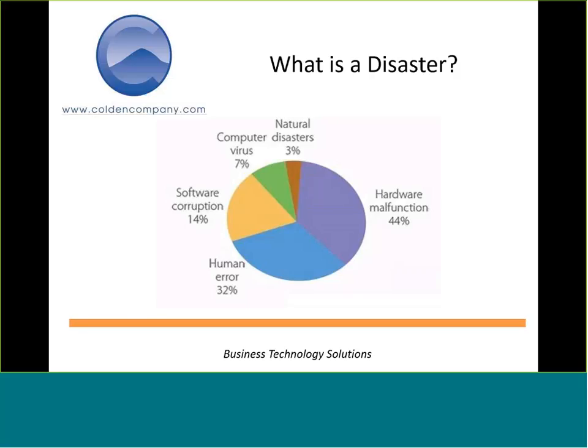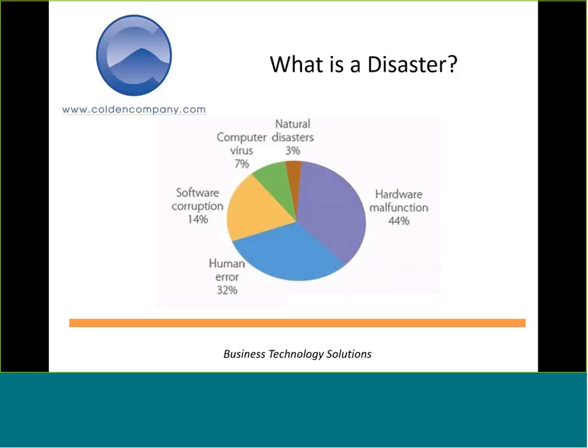And for those of you that were on our ransomware webinar last month, you will know that we talked about computer viruses, specifically the ransomware, becoming much more virulent, much more prevalent, and much more destructive. So that 7% has probably risen over the past year or so.